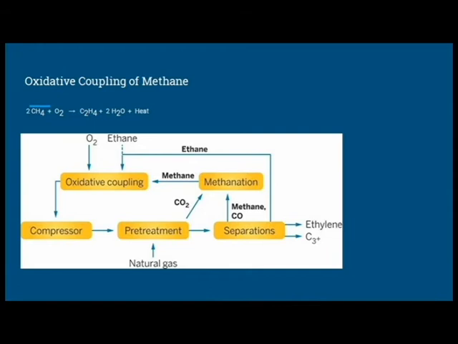Since OCM is a complex reaction network of parallel and consecutive, as well as homogeneous reaction steps, the activity of hydrocarbons strongly depends on the reaction conditions. The effect of temperature, partial pressure of methane and oxygen, and total pressure is discussed.